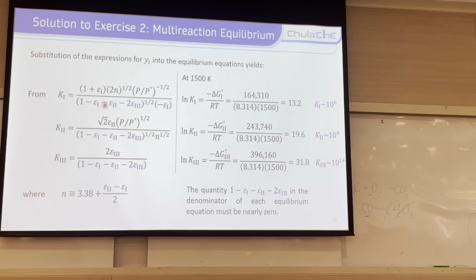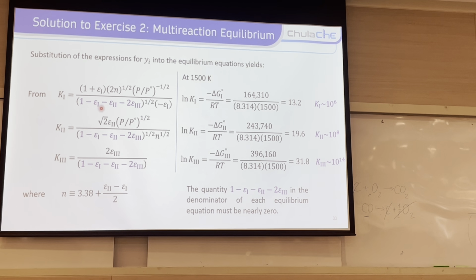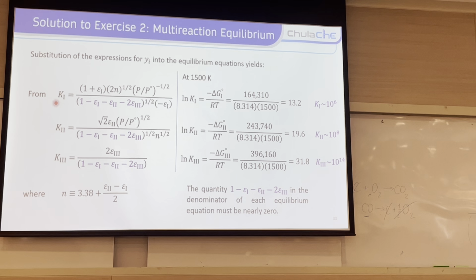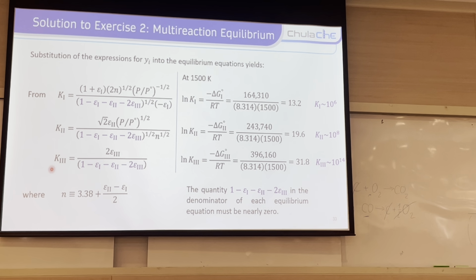It means that if you look back to these three equations, the denominator in each equation must be very, very small. When the denominator of the fraction is very small, then you can get a very large value of the equilibrium constant in these three equations.